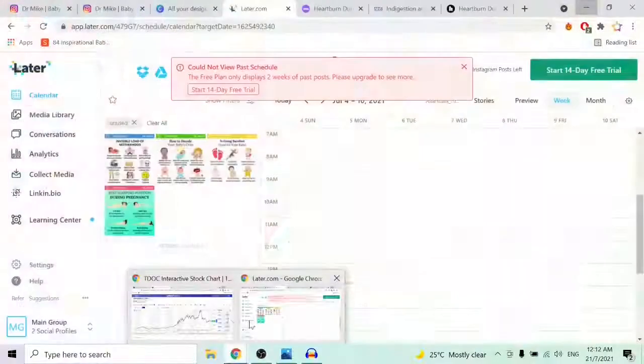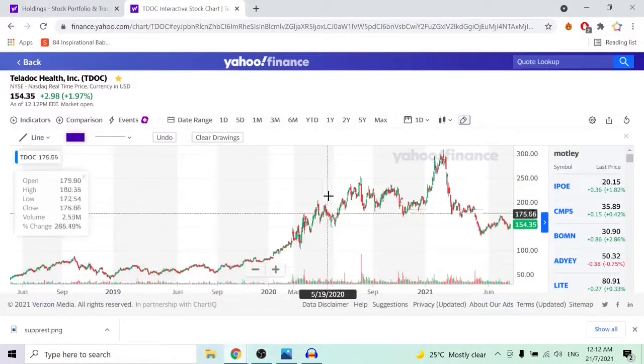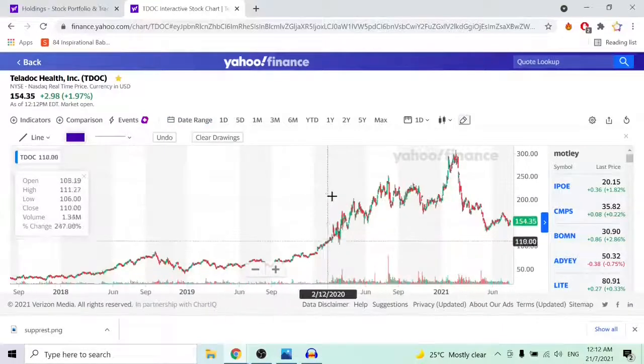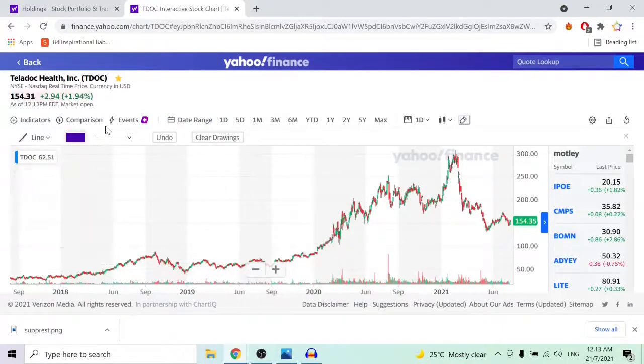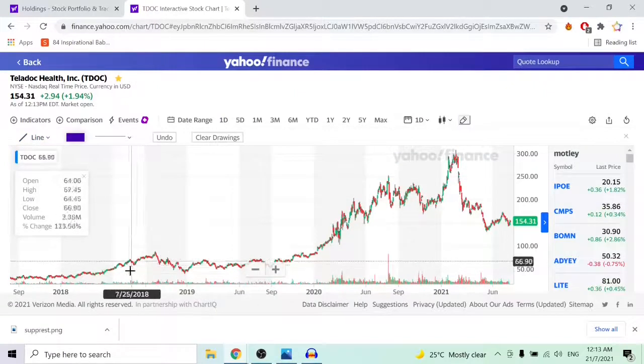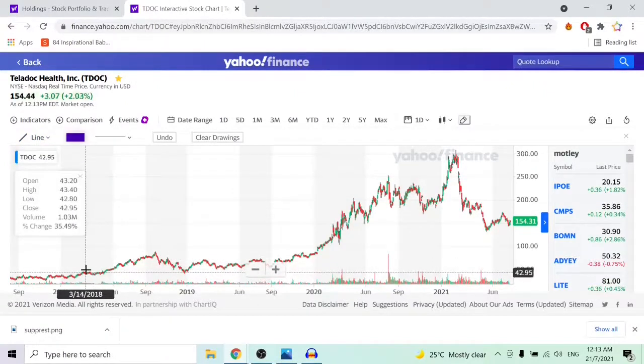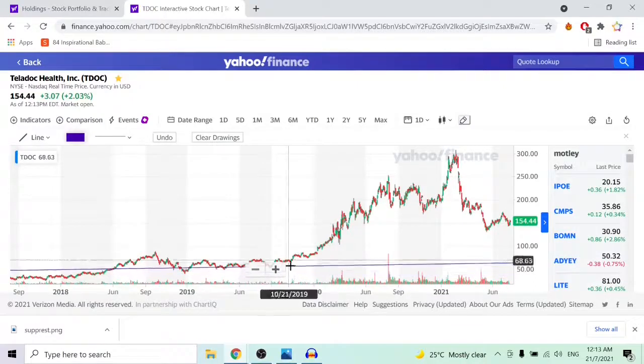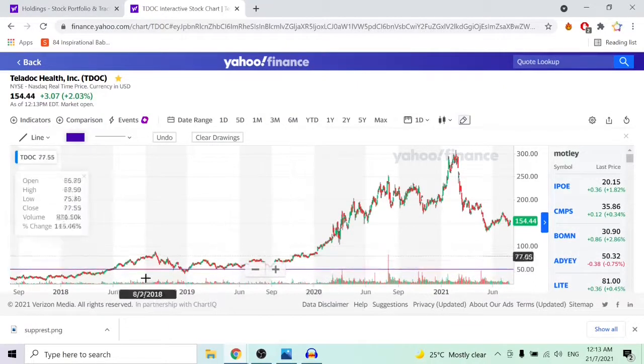Okay, for example, I will show you this Teladoc stock. Let's draw the support and the resistance lines. Okay, we're gonna draw a support line first from here to here. So you could see this is a very strong support line, and you could draw another line.